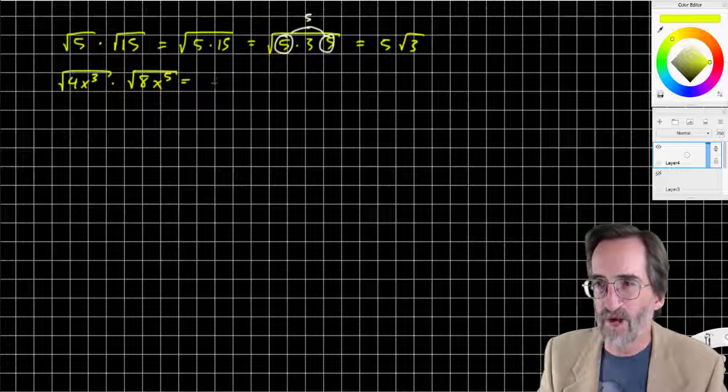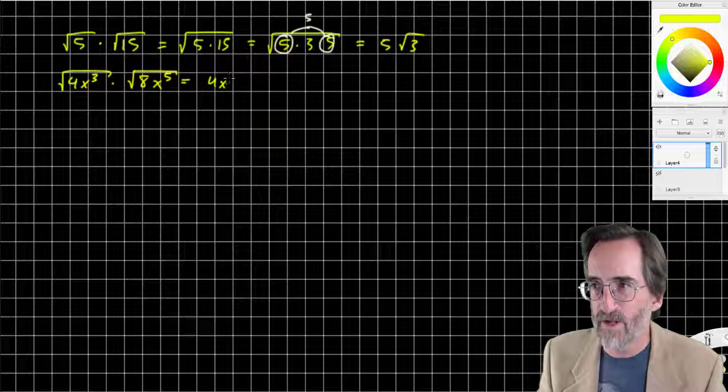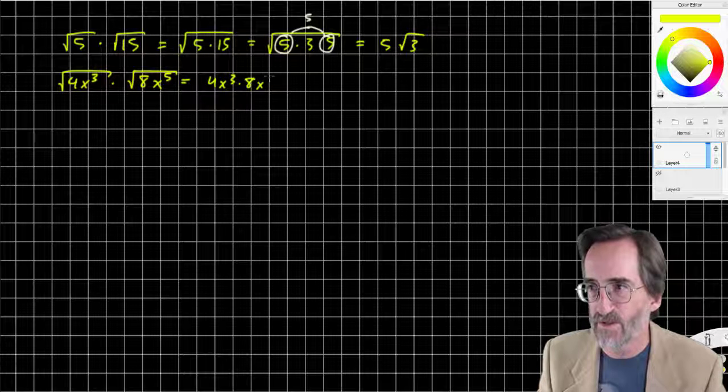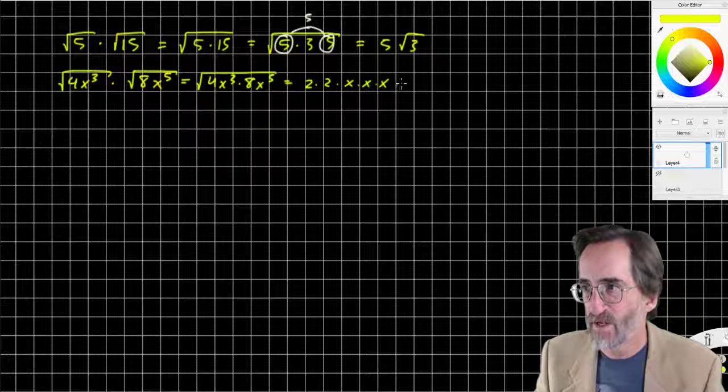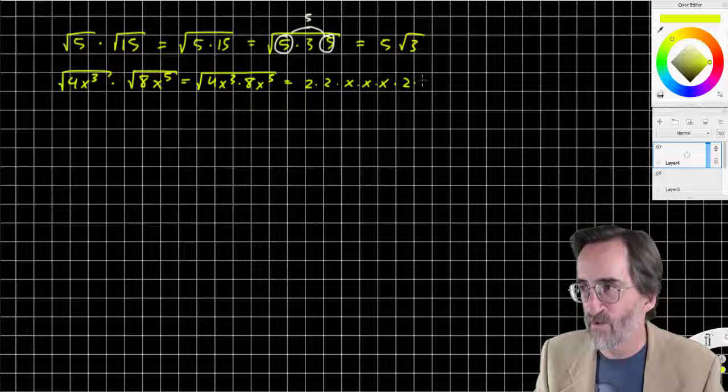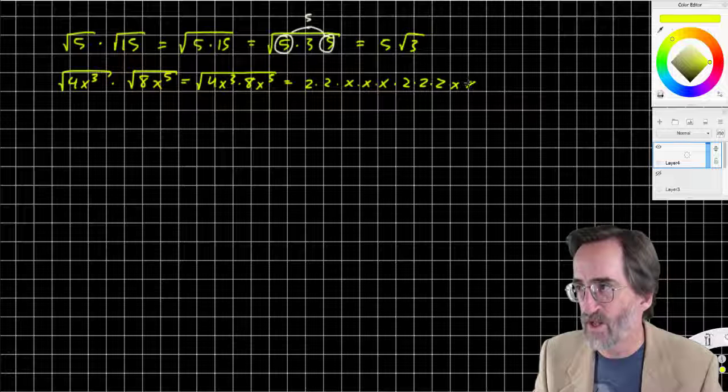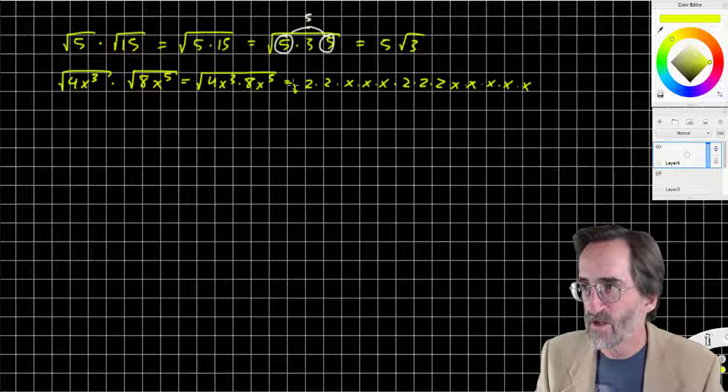So you can combine that under one roof. 4x to the 3rd times 8x to the 5th. Expand it out. 4 is 2 times 2. X cubed is x times x times x. 8 is 2 times 4, which is 2 times 2. X to the 5th is x times x times x times x times x.